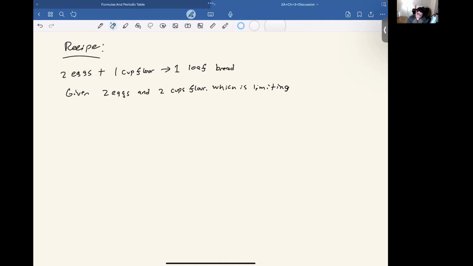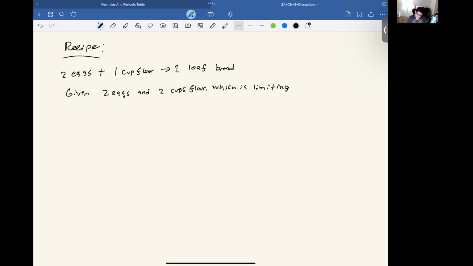So let's put this into math because that's what we're going to have to do for the limiting reagent problems. So instead, a way you can look at this, and it's equivalent, right? But another way to look at this and the way that's going to help you for these limiting reactant problems is look at how many times you get to make the recipe, right?